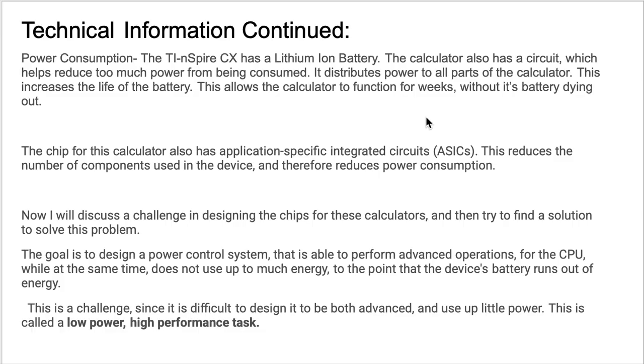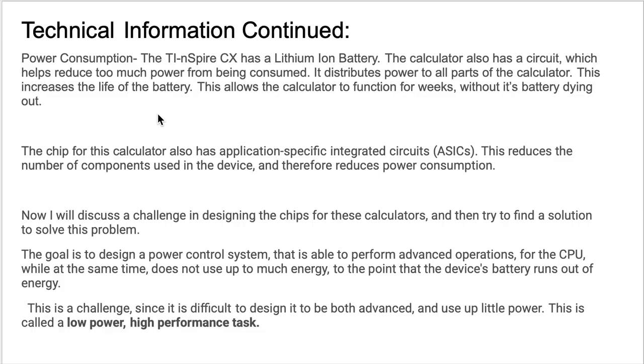This method helps reduce power consumption, and it also increases battery life as well. That's also a significant part.